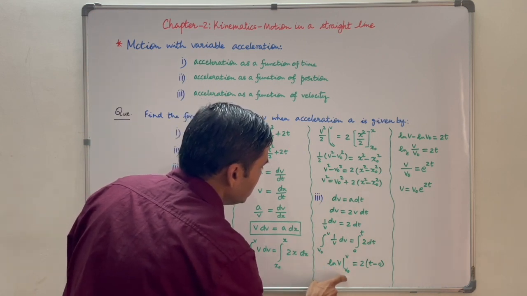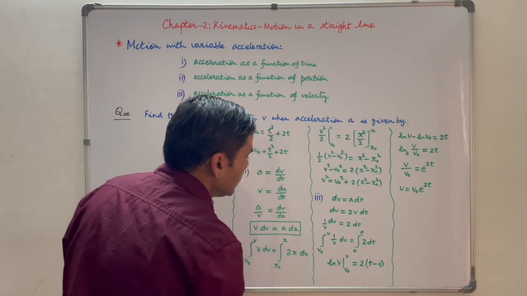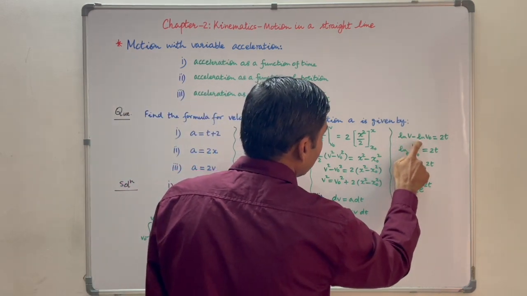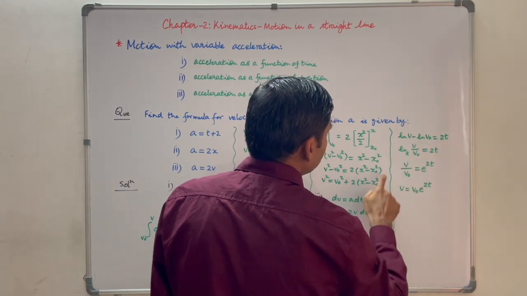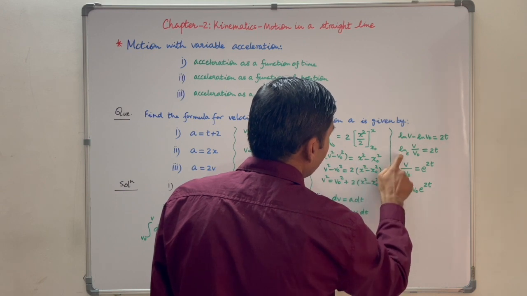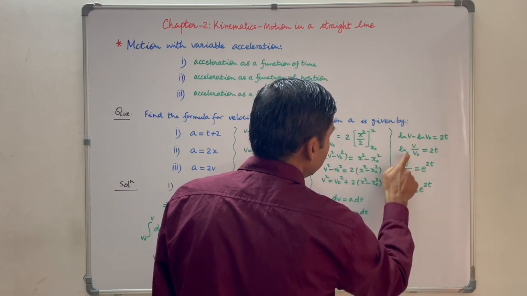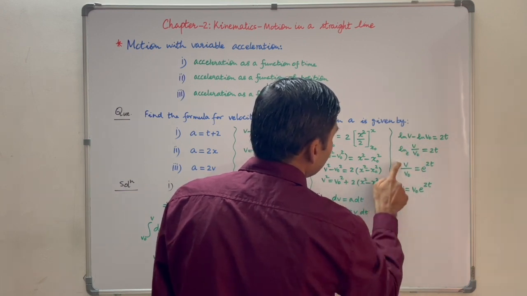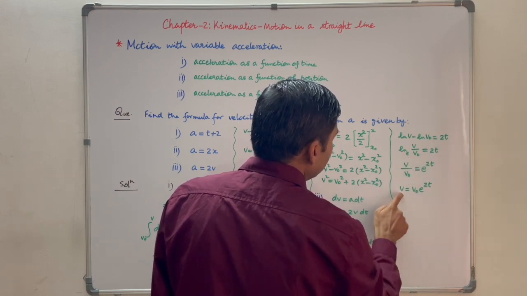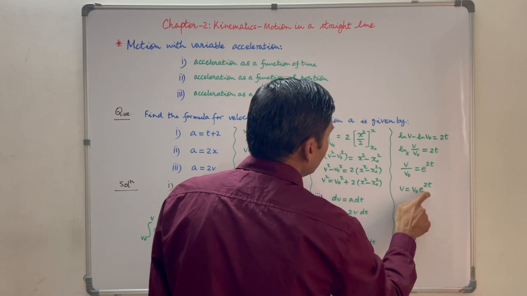Log v within limits v0 to v is equal to 2t. Now on the left hand side, we can write log v minus log v0 is equal to 2t. Log m minus log n is log m upon n, which means log v upon v0 on the base e is equal to 2t, or v upon v0 is equal to e to power 2t. So v is equal to v0 e to power 2t.